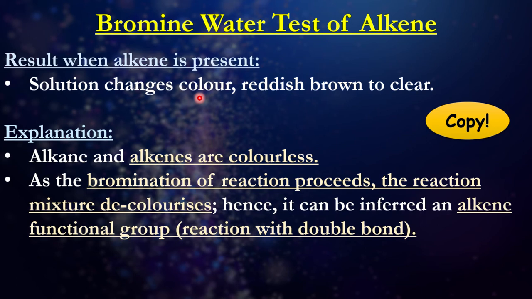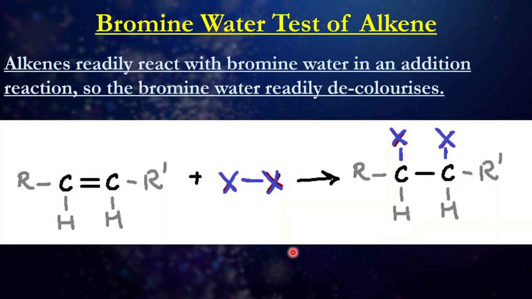Alkanes are saturated hydrocarbons, so they will not be able to undergo an addition reaction. Alkenes are unsaturated, so they have a double bond, which means they can undergo an addition reaction. So we can attribute the decolorization of the bromine water to the alkene, because it's forming that colorless product that we're searching for there.